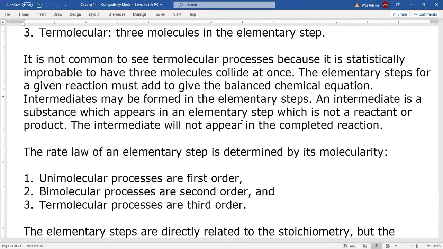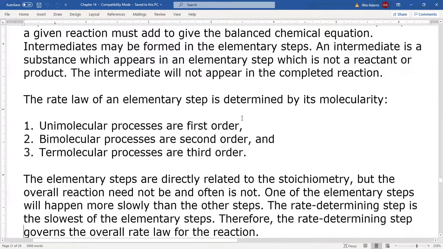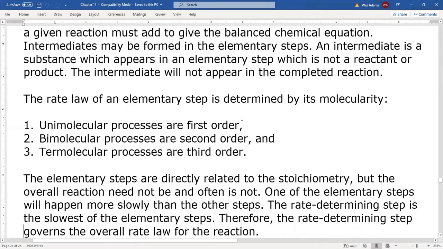And just like reaction orders, that third order with respect to something is uncommon. A lot of things are first and second. Elementary steps are directly related to stoichiometry, but the overall reaction need not be, and many times is not.